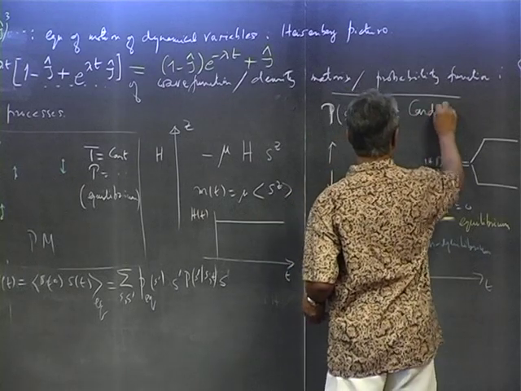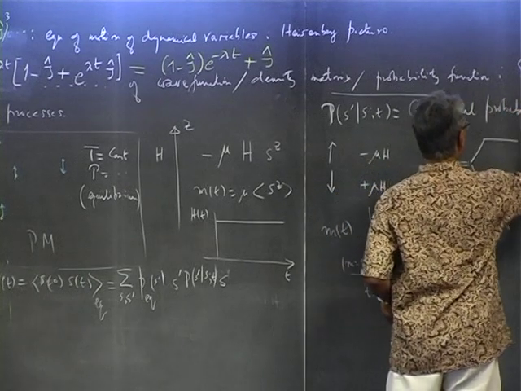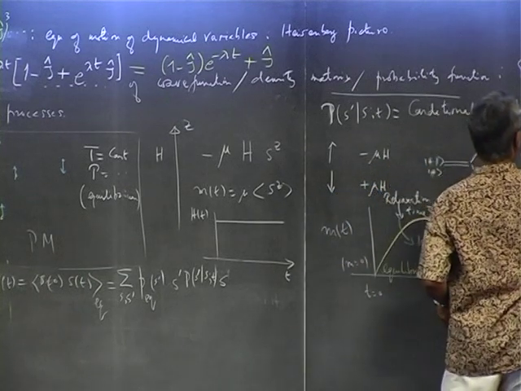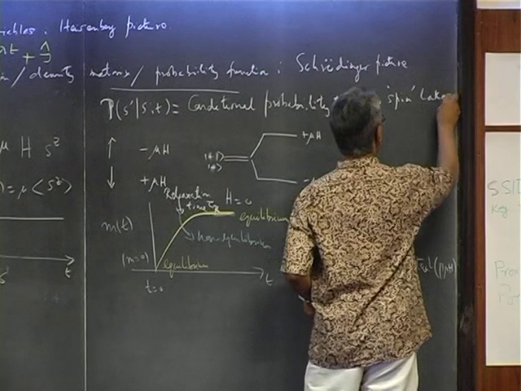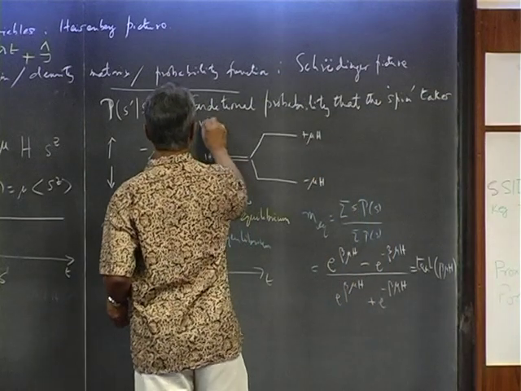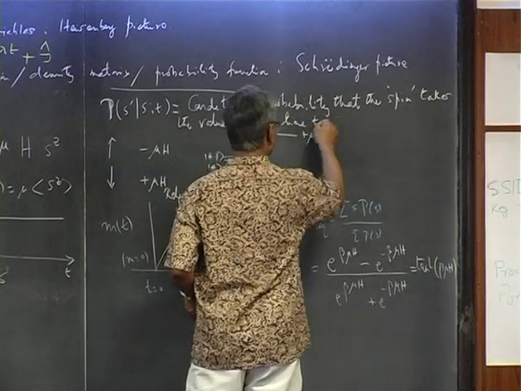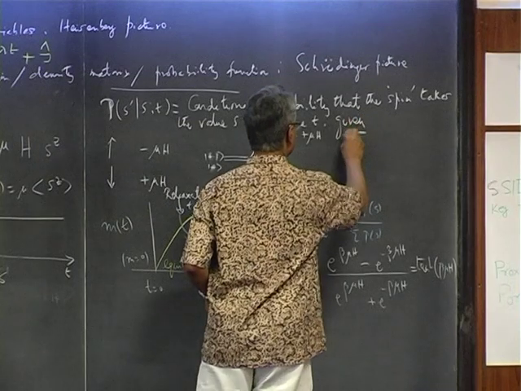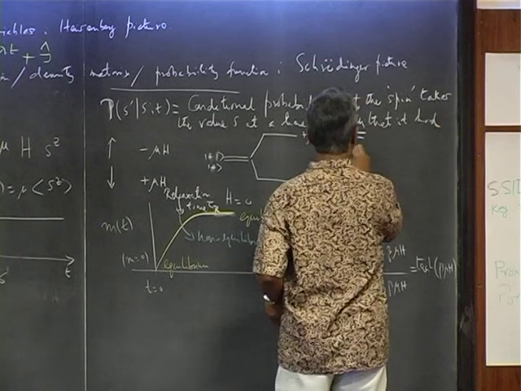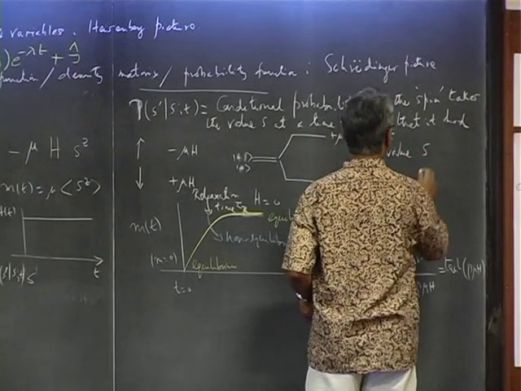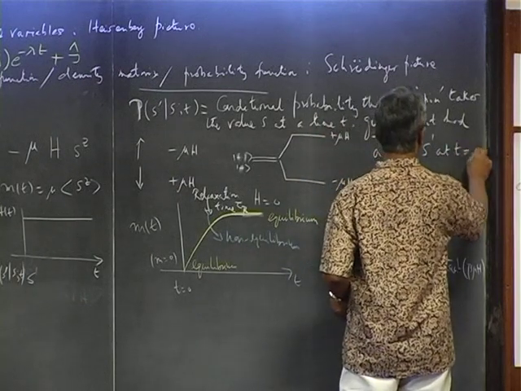It's a conditional probability that the spin, quote unquote, takes the value s at a time t, given that it had the value s prime at t equal to 0.